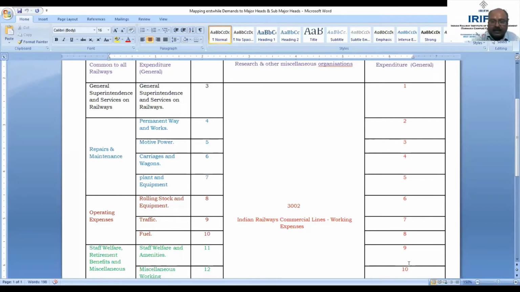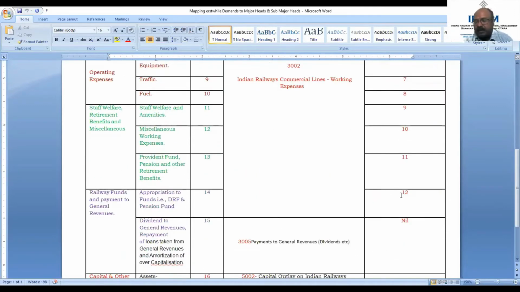The demands are 3 to 14 and the sub-major heads are 1 to 12. Demand number 3 is sub-major head 1, that is 3 minus 2, 1. Demand number 6 is 6 minus 2, 4. Because all of 3 to 14 are serially numbered 1 to 12, if you know the demand number, you can arrive at the sub-major head easily by subtracting 2. That means demand number 14 minus 2 gives sub-major head number 12. This is a simple rule to identify.